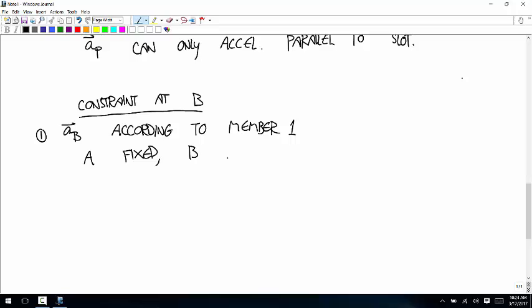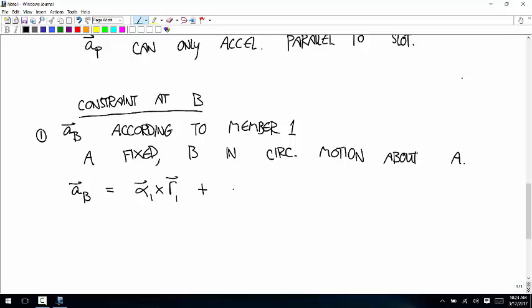So B is in circular motion about A. So the acceleration of B is equal to alpha 1 crossed with, I'll call it R1, plus omega 1 cross quantity omega 1 cross R1.